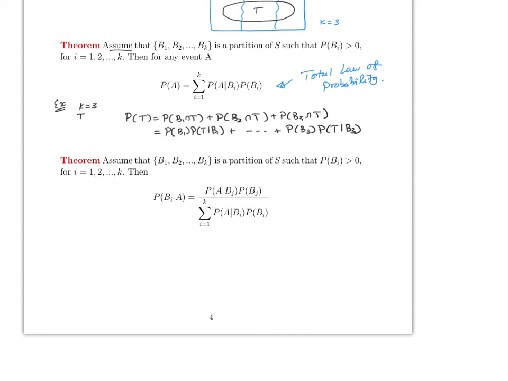So Bayes rule is just a special kind of conditional probability, which says the following: if you have a partition of S such that the probability of each partition is positive, then for each i from 1 to k, the probability that the partition will happen, given that A already happened, will be equal to this. Notice that this comes from the multiplication property, and the bottom is the total law of probability.